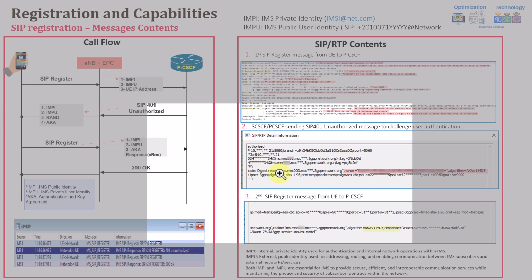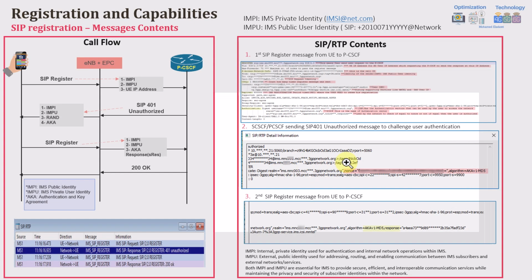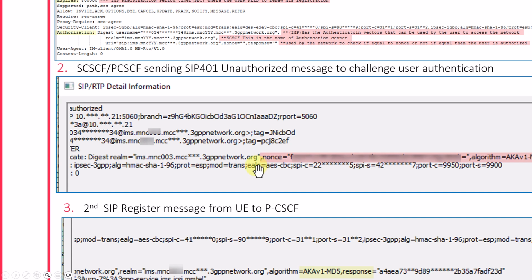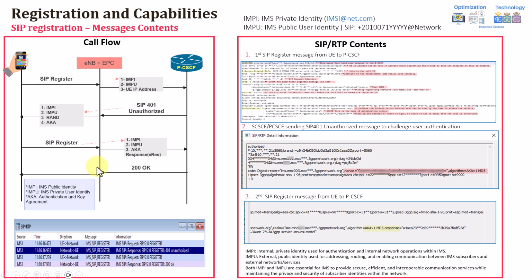Now the next one is the 401 Unauthorized. This contains something called the nonce and other information, for example random numbers, which the user needs to compare with his own numbers to make sure he is authorized. Once they are equal, he will send a response back to the network, the register with his own signal response, as I mentioned before: after I compared, I found that I'm authorized to access the network.